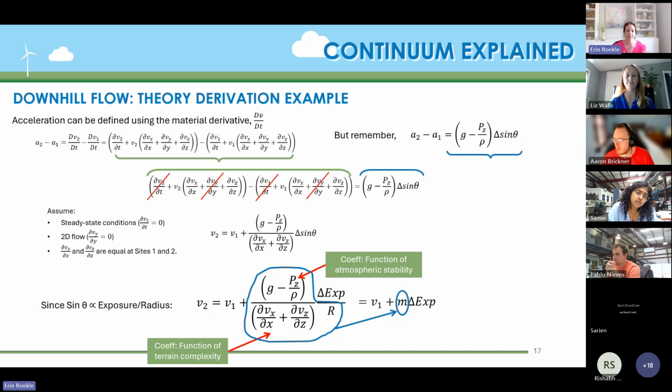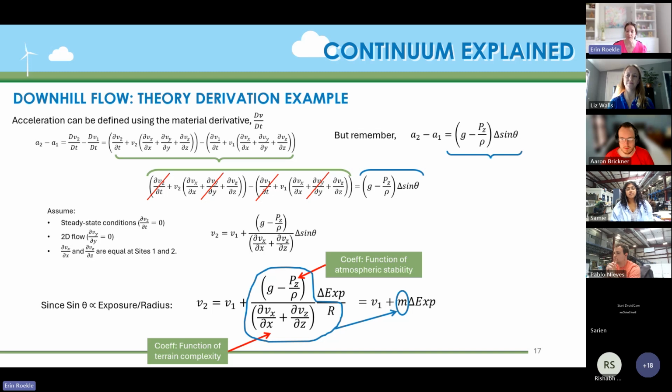And the dvx/dx and dvz/dz are related to the terrain complexity. So we know that the downhill flow acceleration is related to terrain complexity. And then if we look at the numerator side of it, we have the pressure gradient force in the z component over rho.